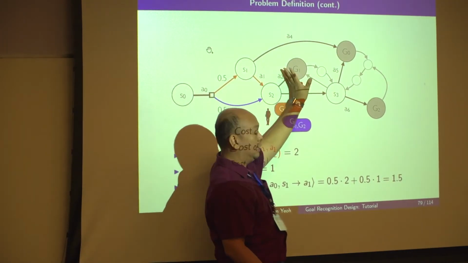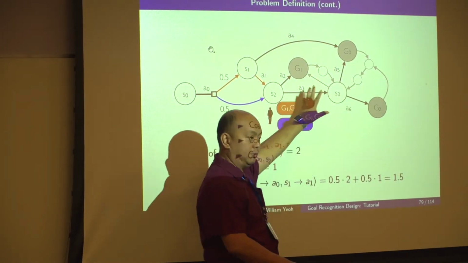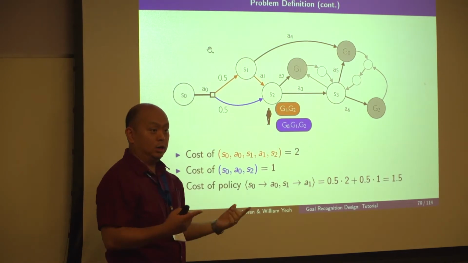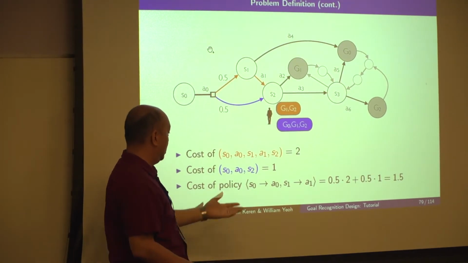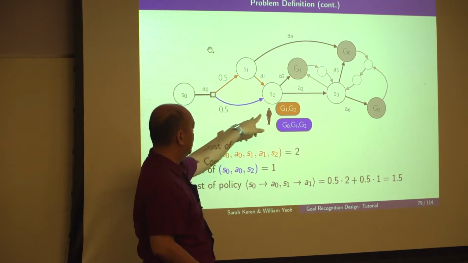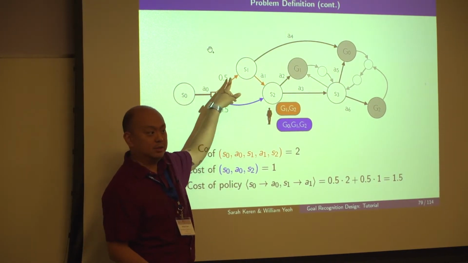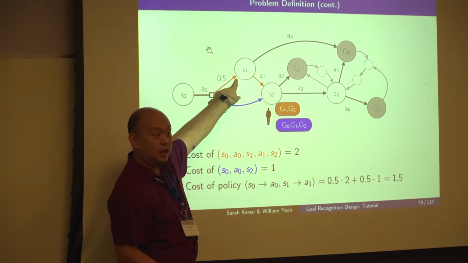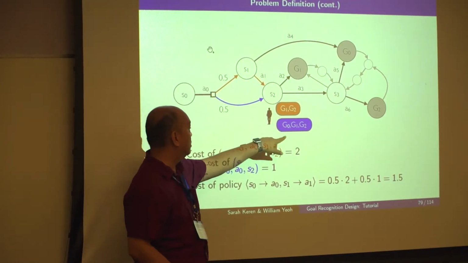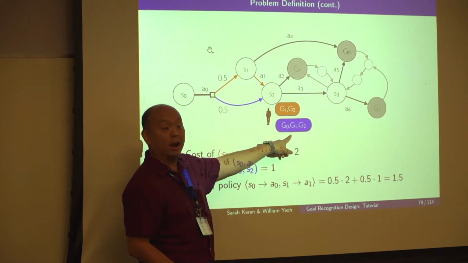It doesn't define what the other actions are, so this is a partial policy. Then there are only two possible trajectories if you execute this policy, one up here, one down there. The one up here has a 50% chance of happening because the outcome of this is 50%, and this is 100%, so it's half times 2 plus half times 1.